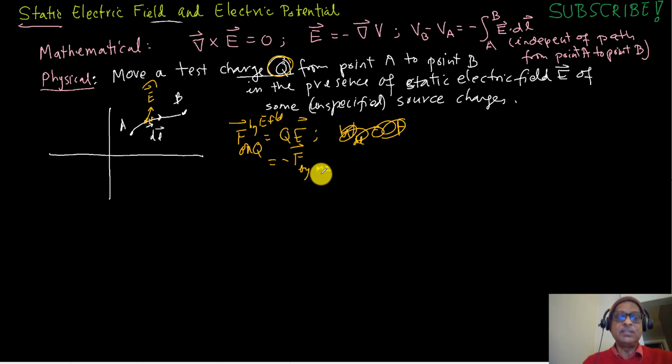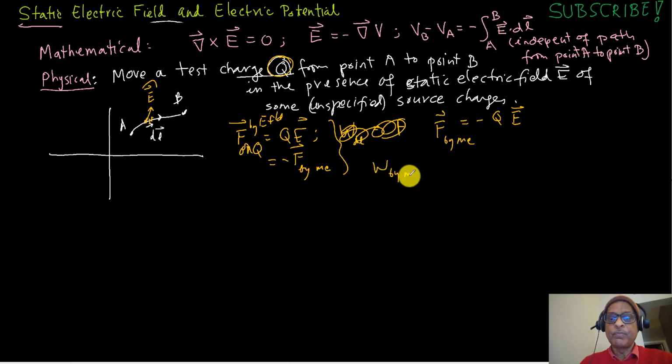The force I apply in order to prevent the acceleration will be minus Q times E. And so the work by me will be F by me dot dl, which is minus Q E dot dl. For this dl, let's call it dW.